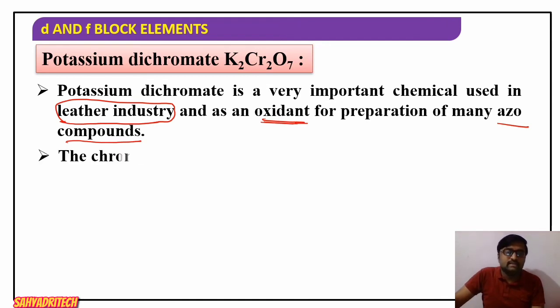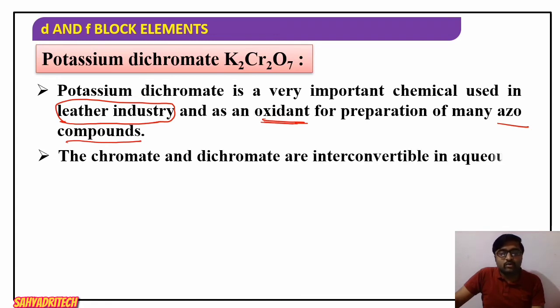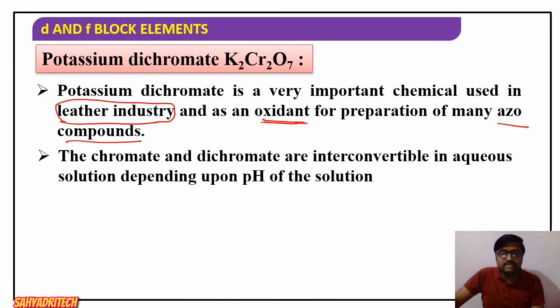Well, then the chromate and dichromate ions are interconvertible. As I said, in the second step of preparation, we converted sodium chromate into dichromate by treating with acids.